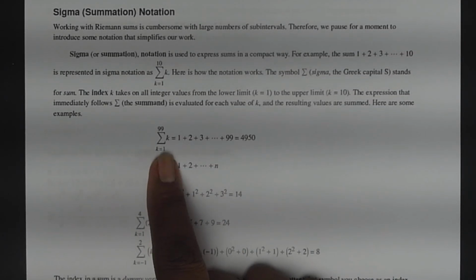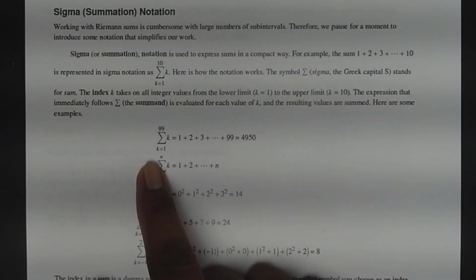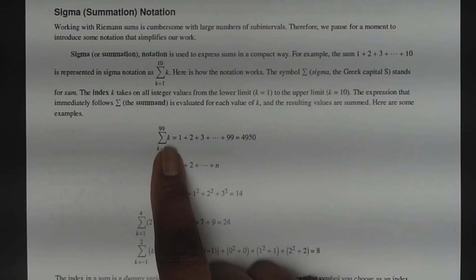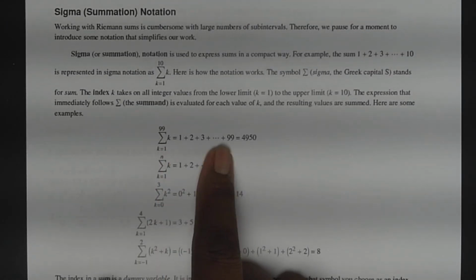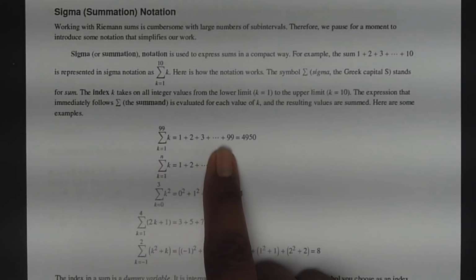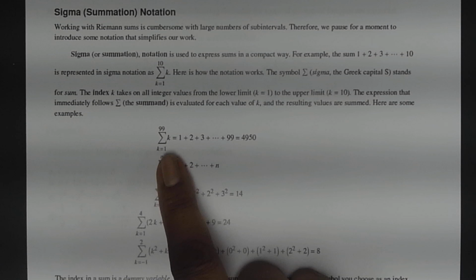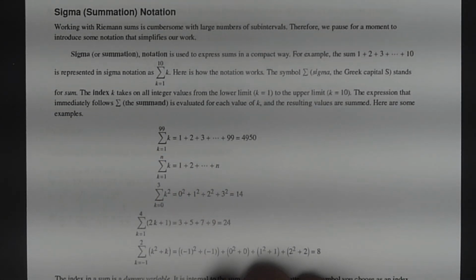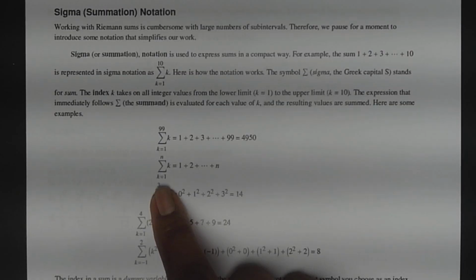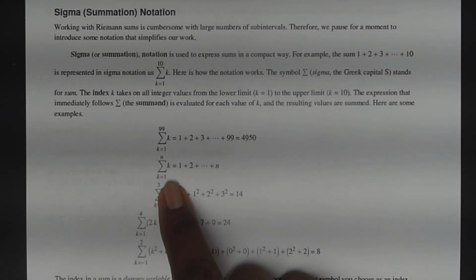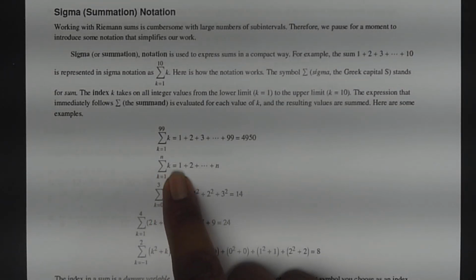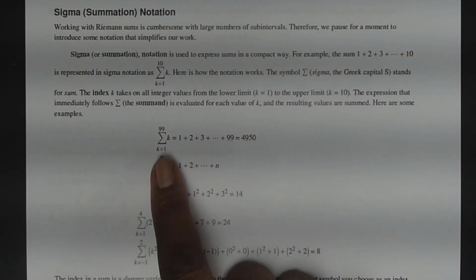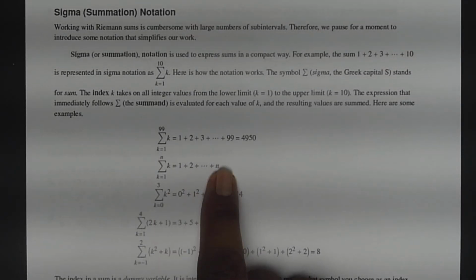Like for some examples here, let's say the summation from k equals 1 to 99 of k. That's going to be 1 plus 2 plus 3 all the way up to plus 99. Add all those numbers up, you'll get 4,950. And then in general, the summation from k equals 1 to n of k would be 1 plus 2 plus and so on all the way up to that upper limit, which is n.